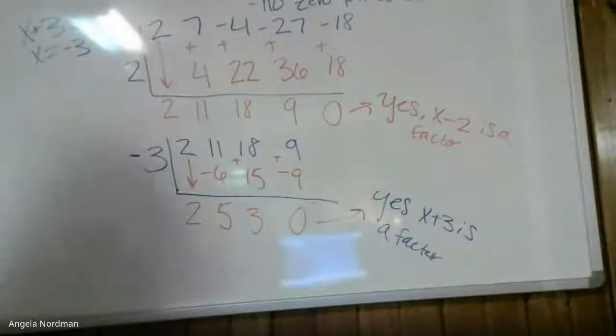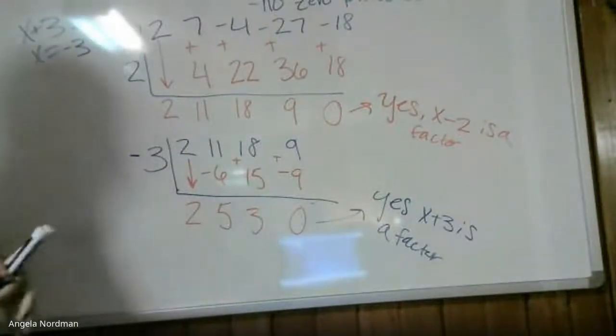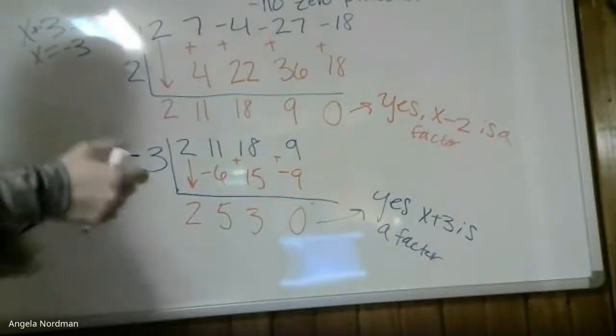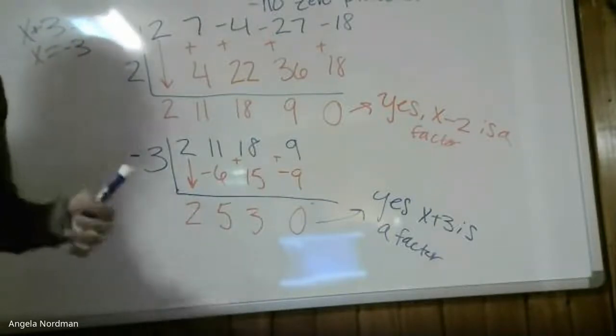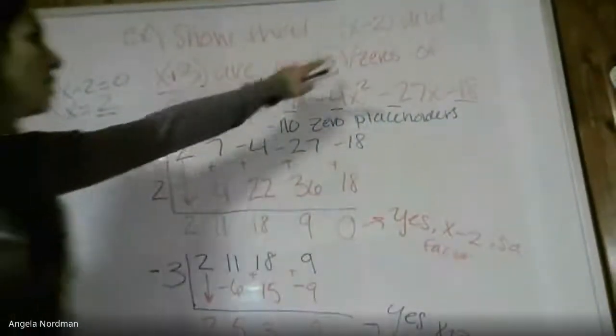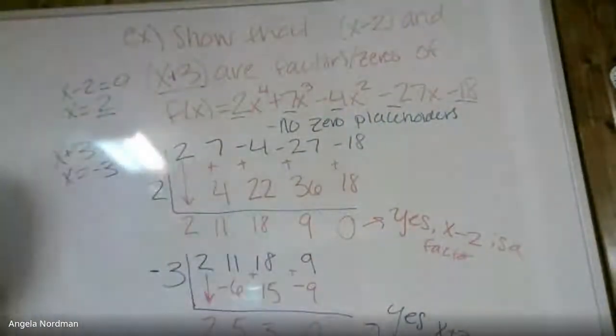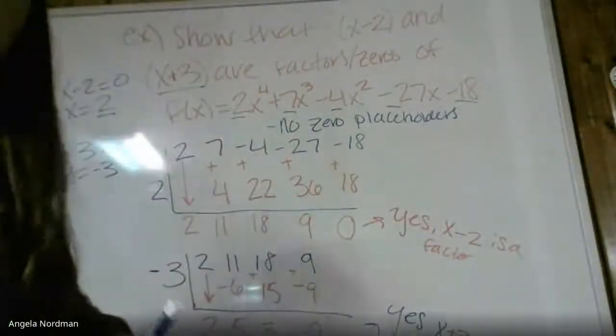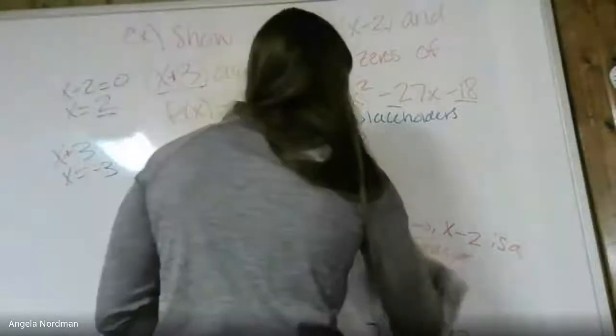Just to make sure that you do understand what I have left over as well. What's happened here in synthetic division is every time I divide by a factor. So I first divided by x minus 2. Oops. I'll go over here. I'm going to erase all these yeses.